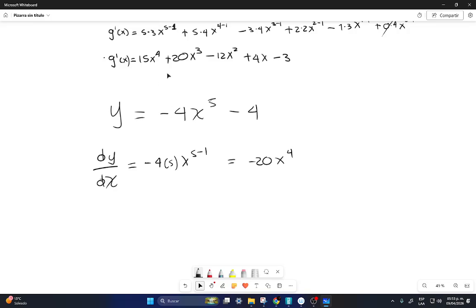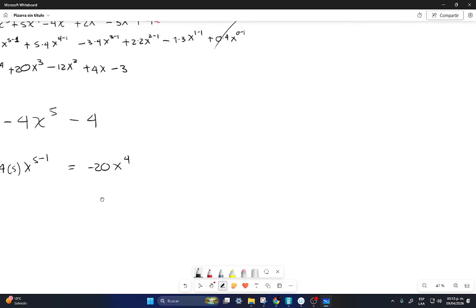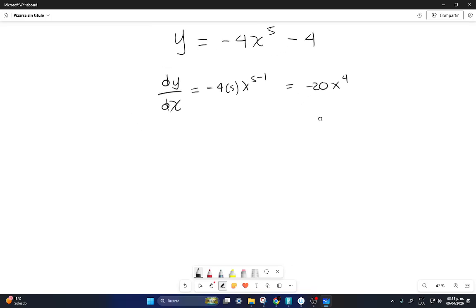So for any polynomial function, you can have that. However, some special things will happen. Like things that are not technically polynomial, but we can differentiate in the same manner. Let me give you another example using both things. So let's say that I use y = 3x^6 - 4x^(-2).